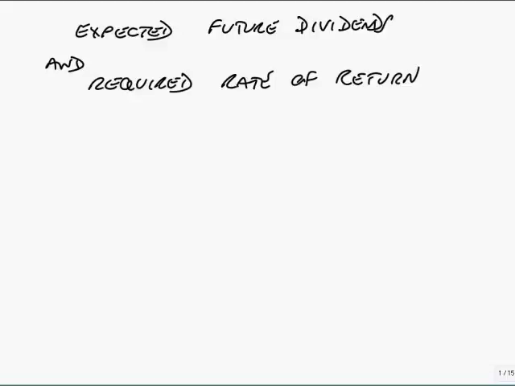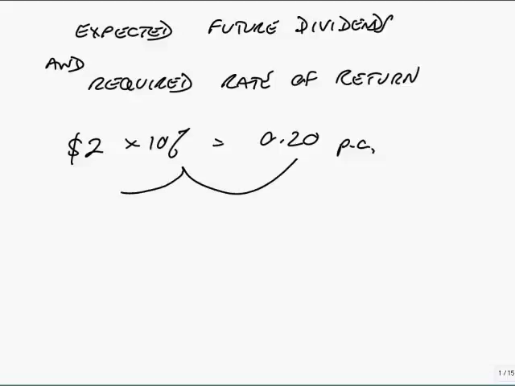How much would you be prepared to invest? $2, surely. If you put $2 in the bank, if you're getting a 10% return, that would be 20 cents per year. You agree? And all we've done is work backwards. We know, or we expect, we're getting 20 cents. We want that to be a 10% return. And therefore, you'd be prepared to invest $2. Does that make sense? Everybody? I say that's a baby one.